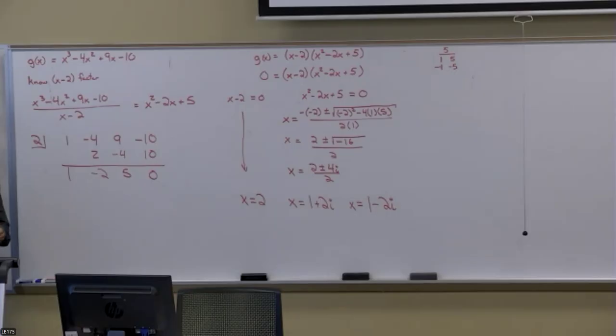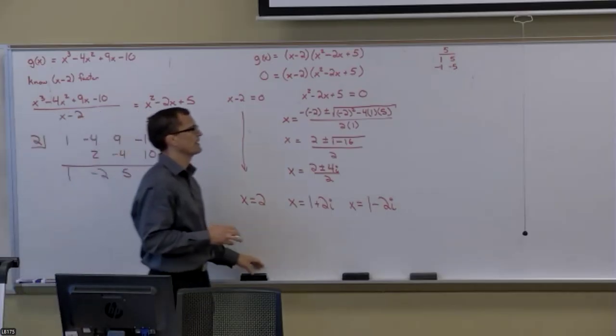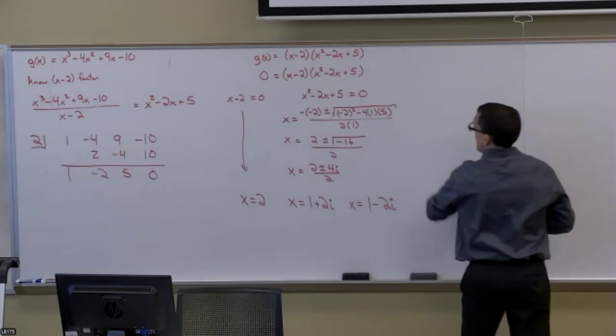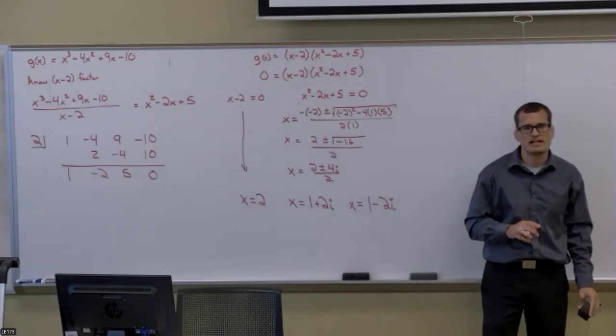Okay with that? I get 3 zeros, one of them is real, and therefore if I graphed that polynomial function, I'd have 1 x-intercept.